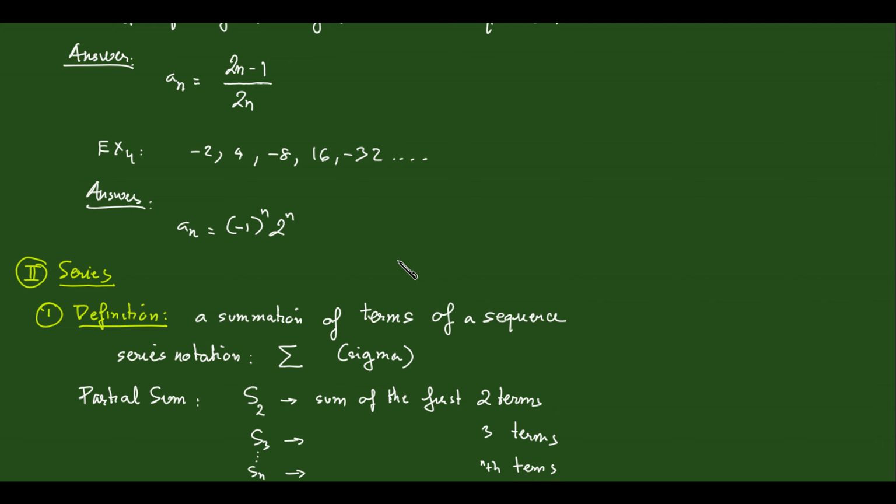It depends on how many terms you want to add up together. Depending on the number of terms you want to add up, you can use S sub that number correspondingly.